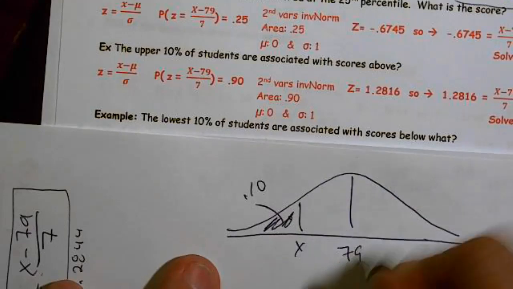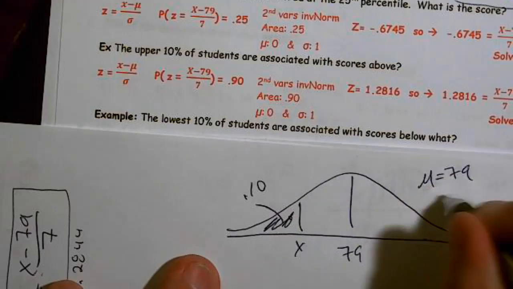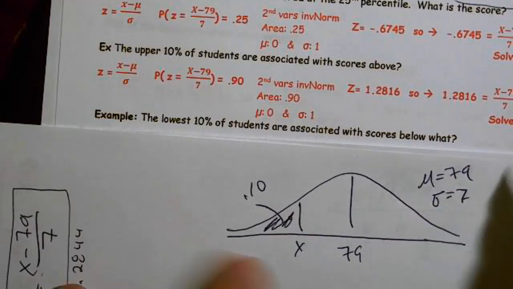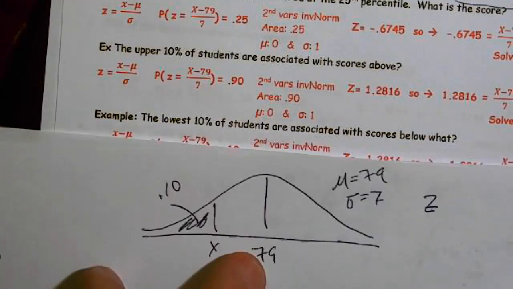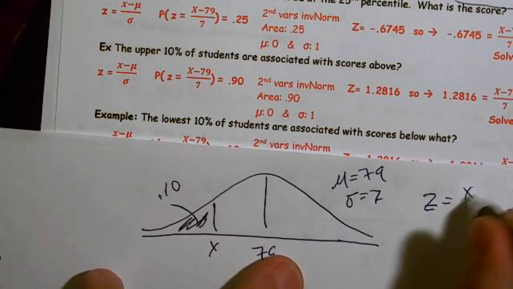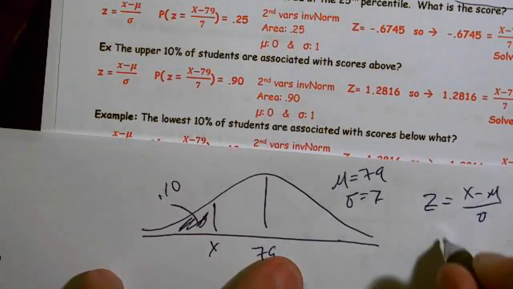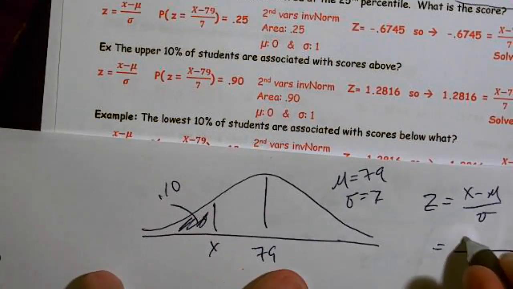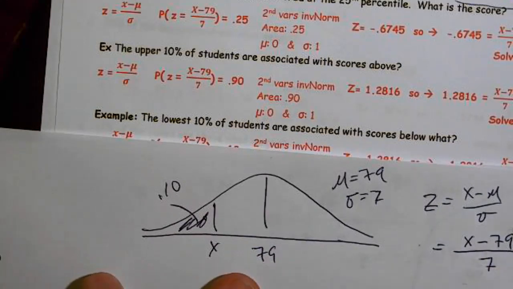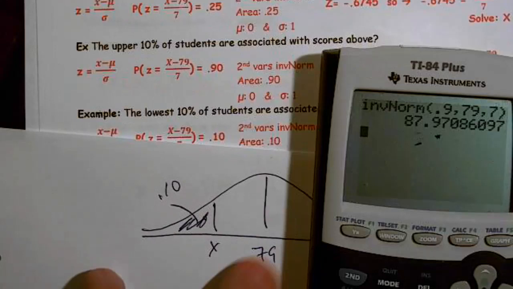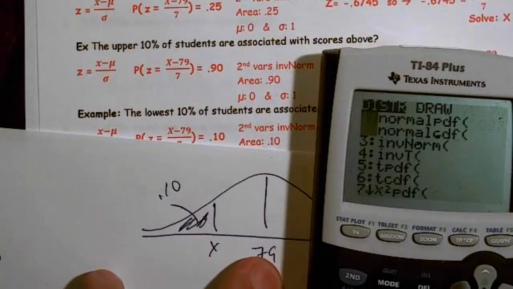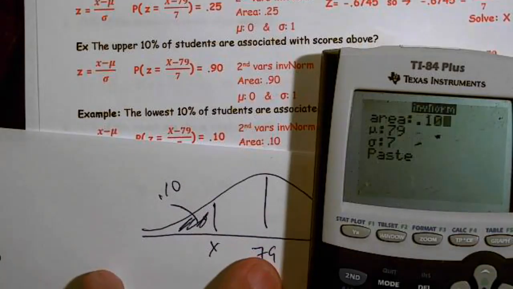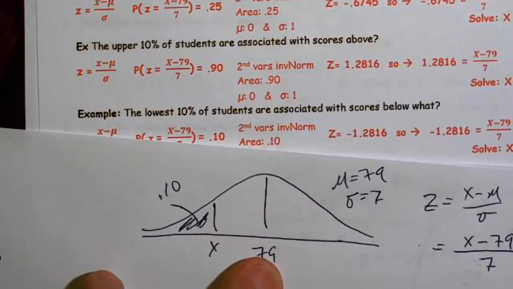This is mean of 79, standard deviation of 7. z equals x minus mu over sigma, x minus 79 over 7. Second vars, inverse norm, 0.10, mean of 0, standard deviation of 1, because we're working with a z-score, and we get negative 1.28.